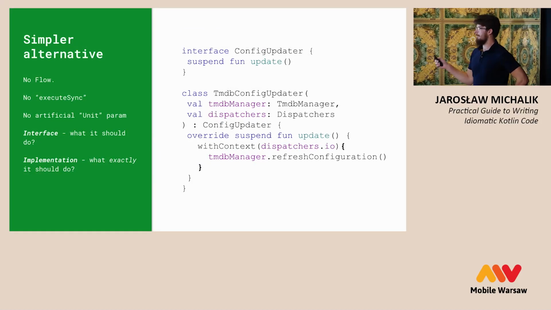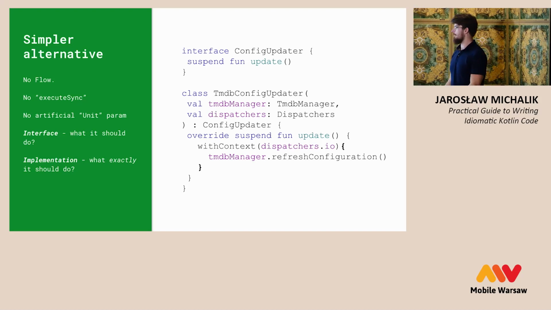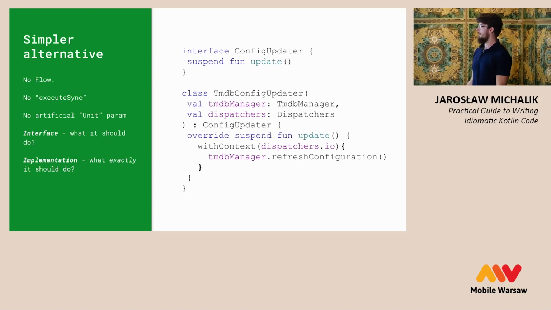What if we have a simpler alternative? We don't have to call it a use case. It can be in the domain layer, a ConfigUpdater with a single function, update. Okay, we are using dispatchers in here, and the TMDB manager refresh configuration. So no flow because we don't need it, no execute sync, no artificial Unit param, because we defined our abstract class as generic, so now we have to use generic types.